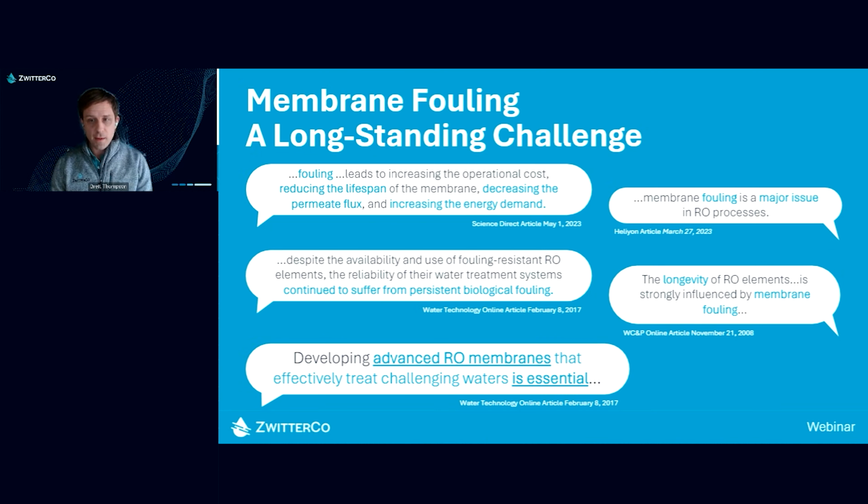So membrane fouling has been a long-standing challenge in the membrane industry. Like I mentioned, it leads to increased operating expenses and shortened membrane life. Because it's been such a problem for such a long period of time, other membrane manufacturers have been trying to come up with different ways to handle that. Some of the solutions are low fouling or fouling resistant RO membranes.